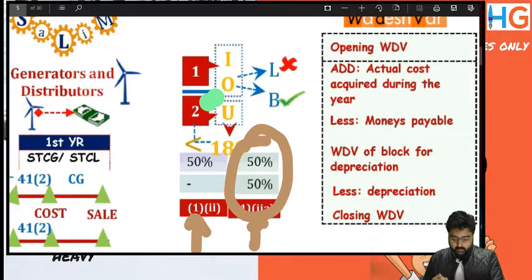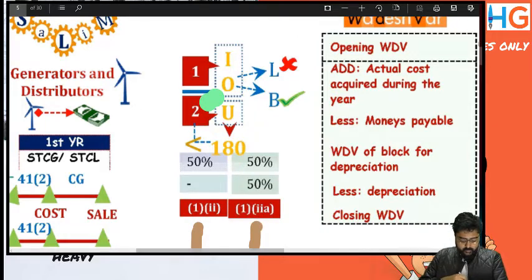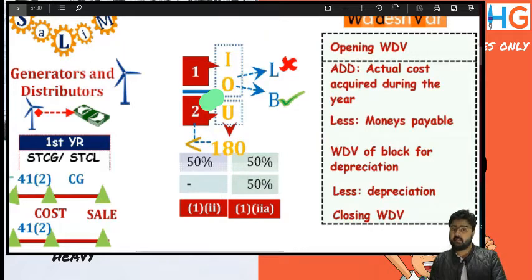Now what if I purchase the asset during the current year and use it in the next year, and in the next year I use it for a period of less than 180 days? Will half depreciation be allowed or 100% depreciation? It is 100% depreciation.